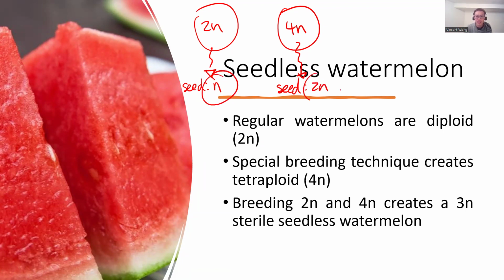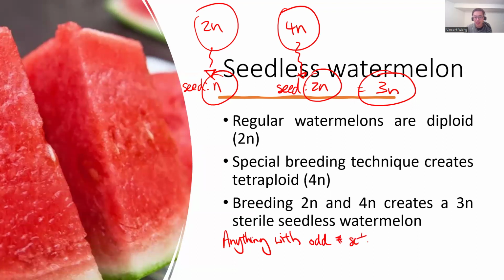So if you combine these together, if you fertilize them together, that 2 plus 1 becomes 3N. And the point here is anything with an odd number of sets of chromosomes is sterile.